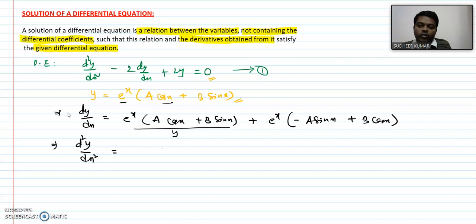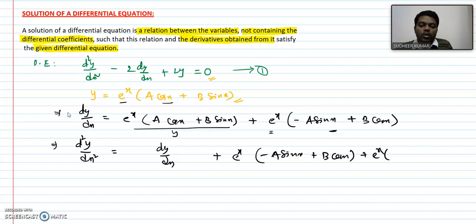So derivative of y is dy by dx plus, again it is in the form of uv, e power x into (minus a sin x plus b cos x) plus e power x into (minus a cos x, minus b sin x). So this can be written as dy by dx plus e power x into (minus a sin x plus b cos x).